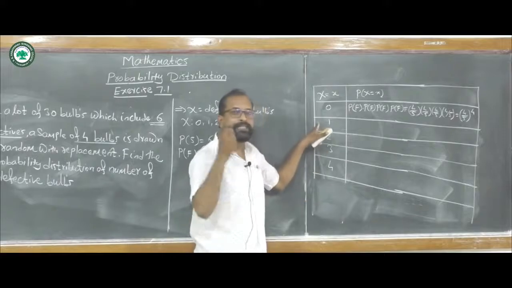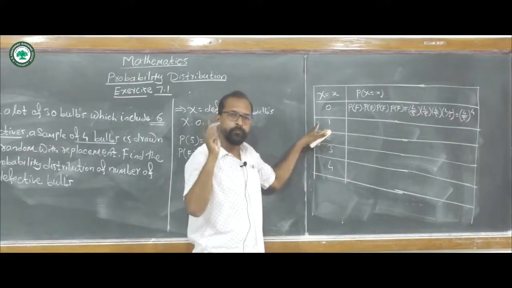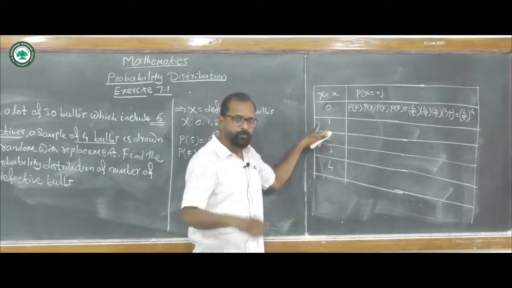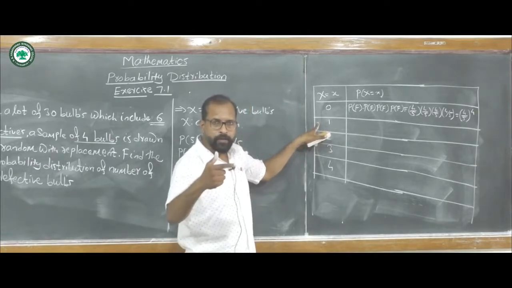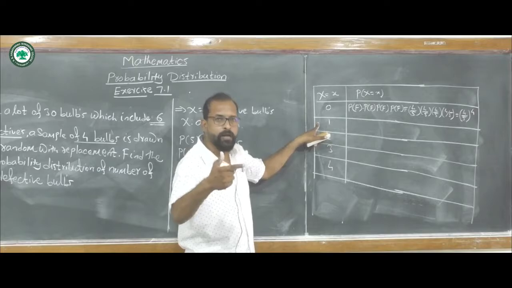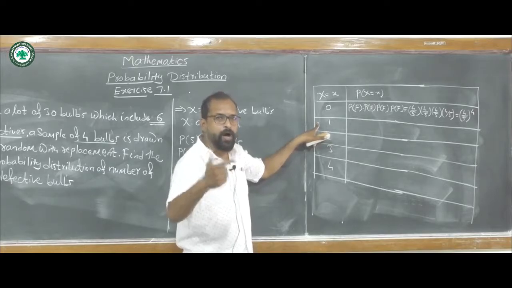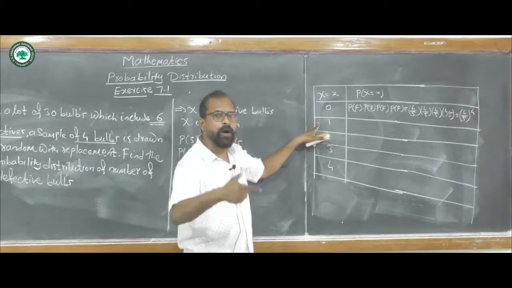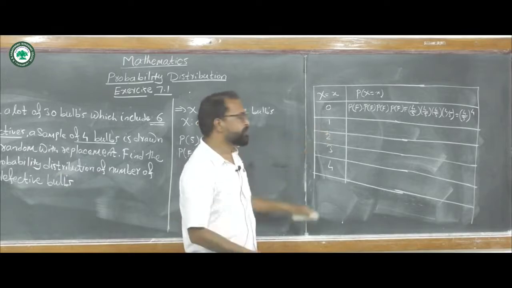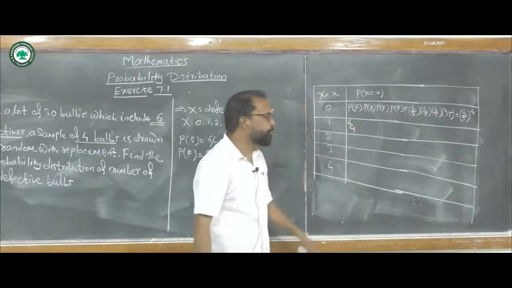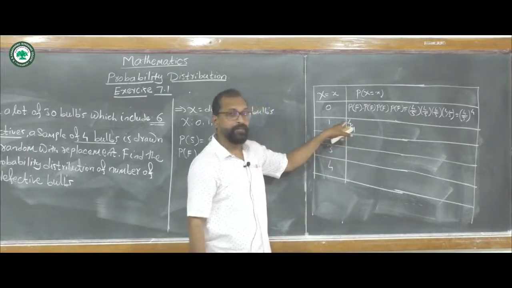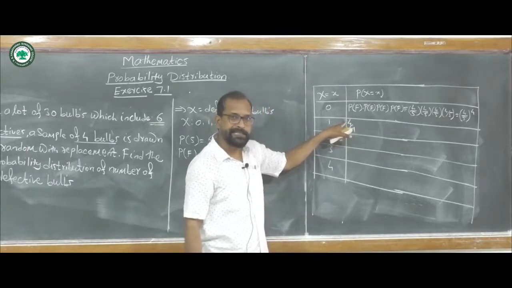Now for getting 1 success. In 4 trials, getting 1 success may be in the first trial or in the second trial or in the third trial or in the fourth trial. That is, there are 4C1, which is 4 alternating ways of getting success.